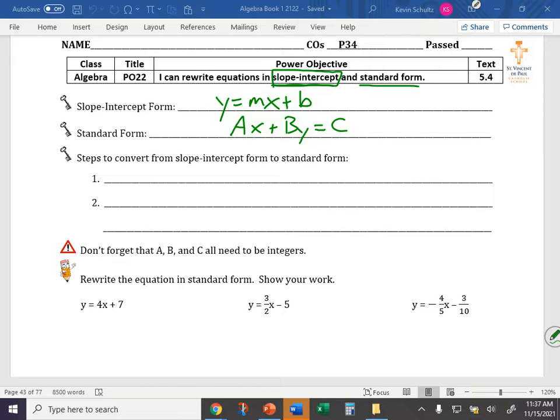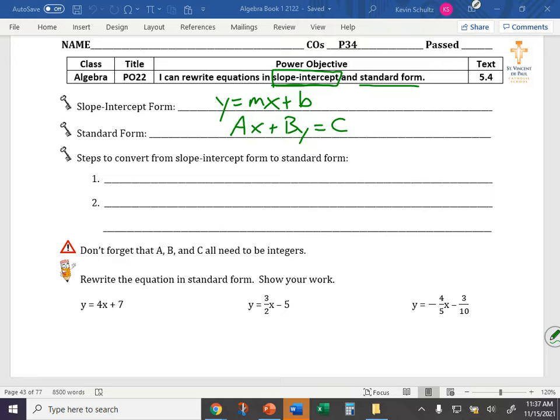What else do you see? Similarities, differences? Last class pointed out, I want to make sure I highlight this, that both of them have a b, right? Y equals mx plus b, and then Ax plus By equals C. But notice that one is lowercase and one is uppercase. That is because this b in slope-intercept form is not the same value as the B in standard form.